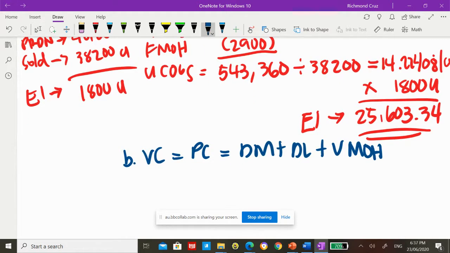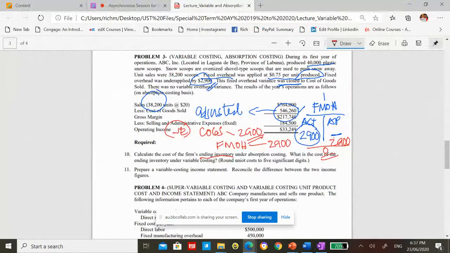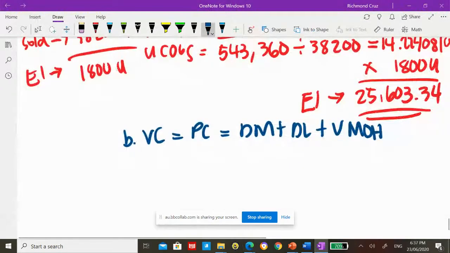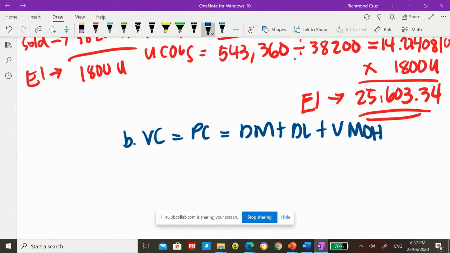Kaso walang binigay na details, ito na kasi binigay. Pero sabi niya, ang fixed overhead daw was applied 0.75 per unit produced. Ibig sabihin, kung ang absorption costing natin is 14.22408, kasali dito yung fixed manufacturing overhead. Eh pag variable, dapat direct materials, direct labor, variable manufacturing overhead lang.